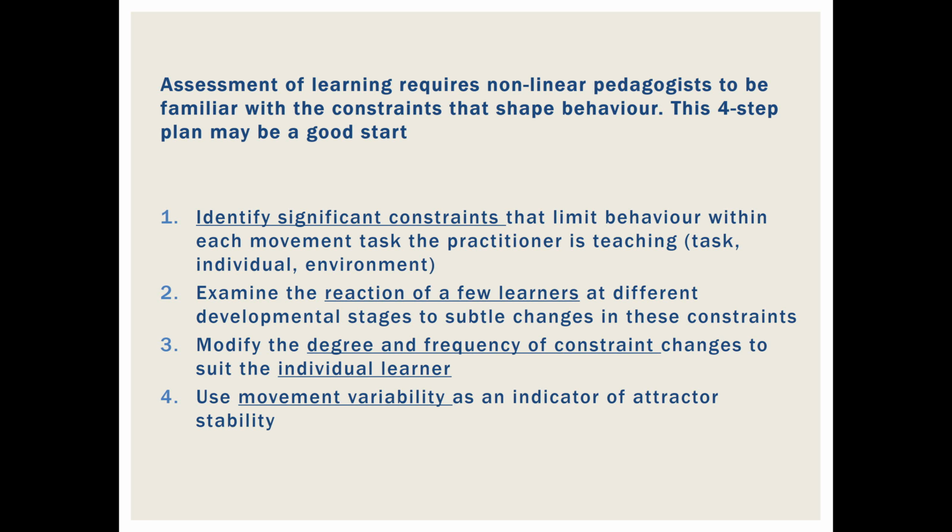Then next, we're going to modify the degree and the frequency of introducing those constraints, just what I said before, looking at whether or not it's a transient or a behavioral change. And then finally, once we've introduced the constraint, we're going to also introduce movement variability.